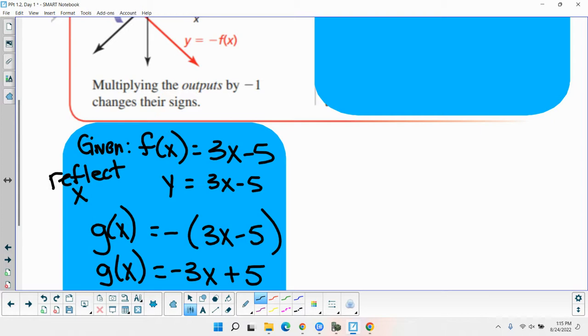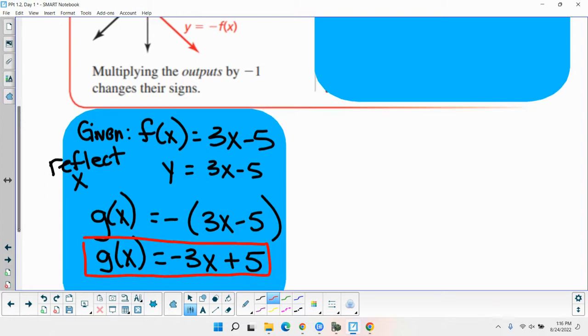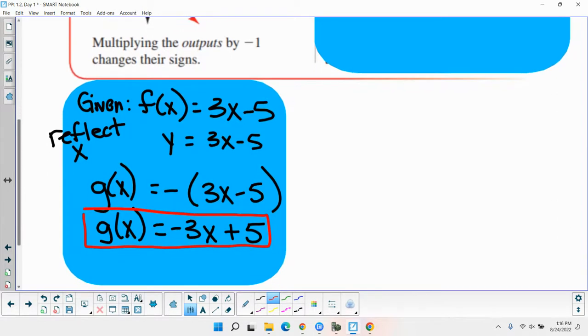And that's our finished reflection. The y changes when you reflect about the x. You're taking the opposite of the y, the output.